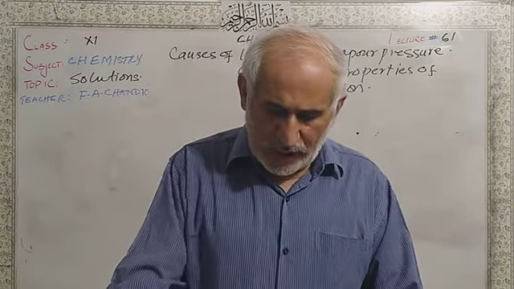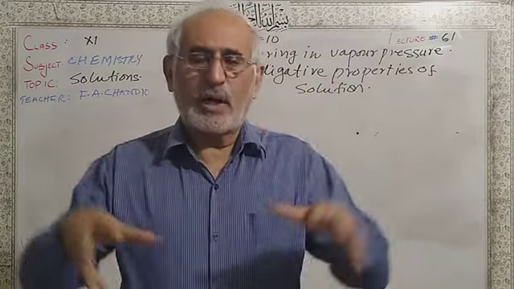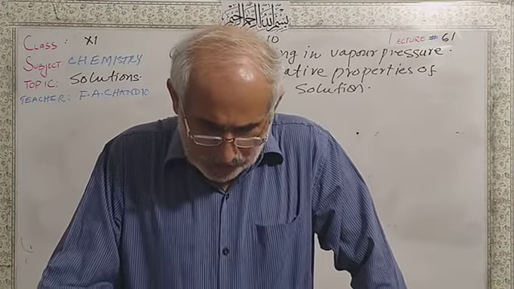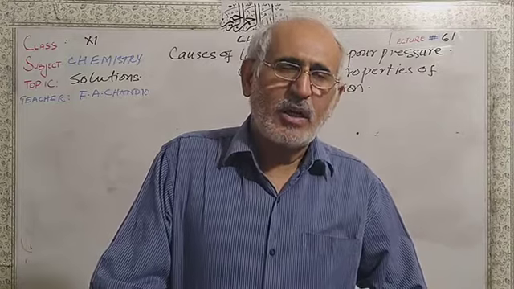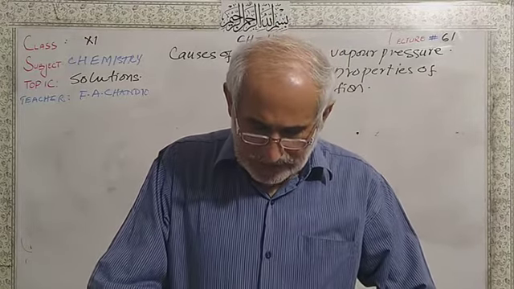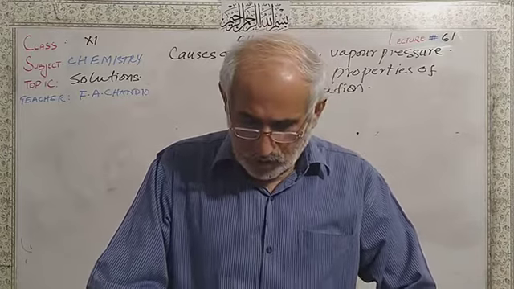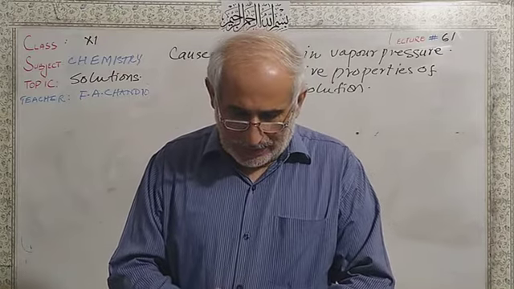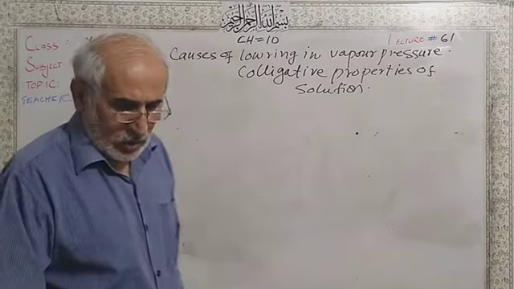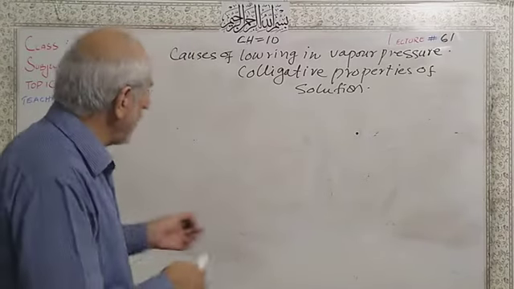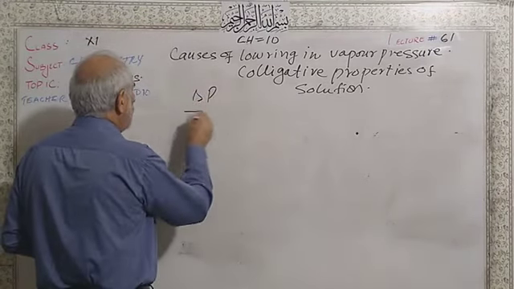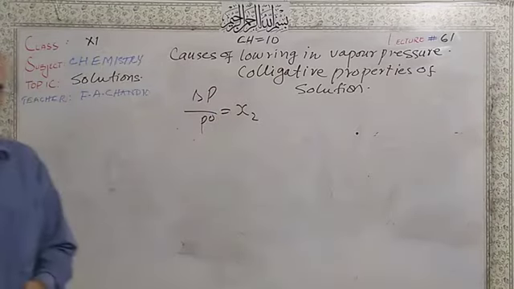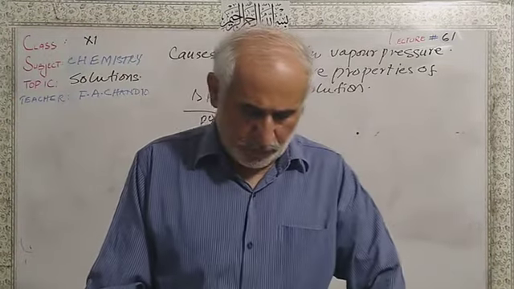So, dear students, lowering of vapor pressure, already I told you, when you add non-volatile or non-electrolyte solute, the escaping tendency of the solvent particles is going to decrease at the surface of the solvent, so vapor pressure is going to decrease as you have done before. According to the third definition, I told you the relative lowering of vapor pressure, delta P over P naught, is equal to x2, as we have done before.